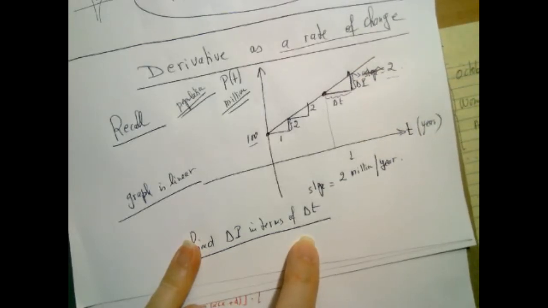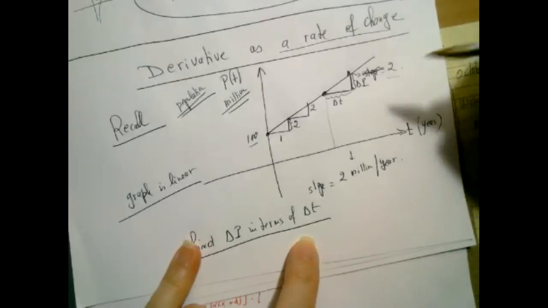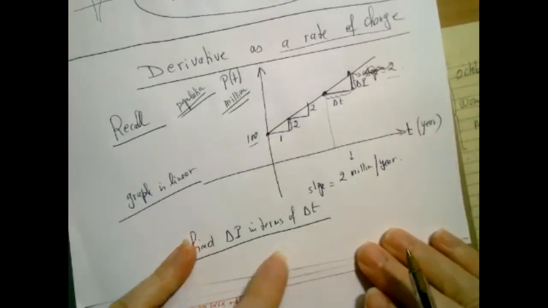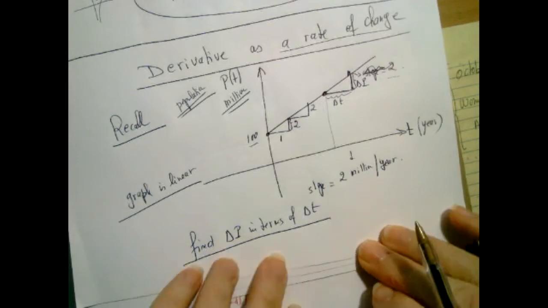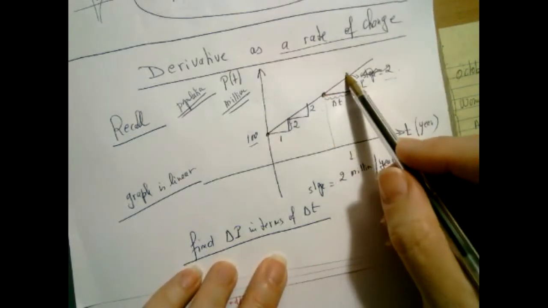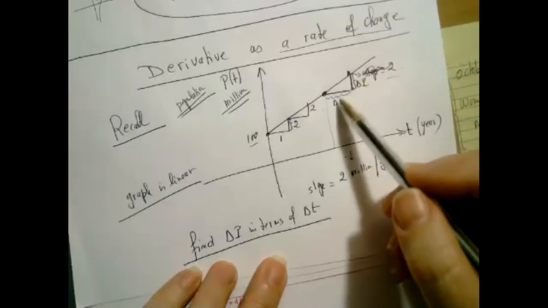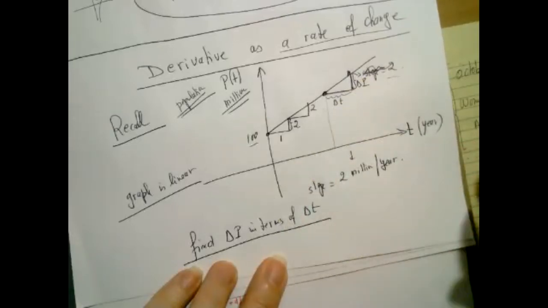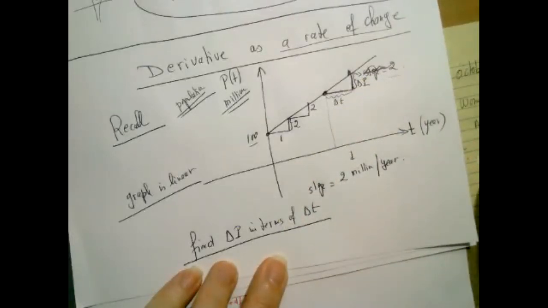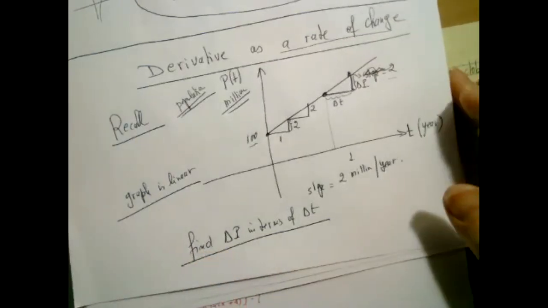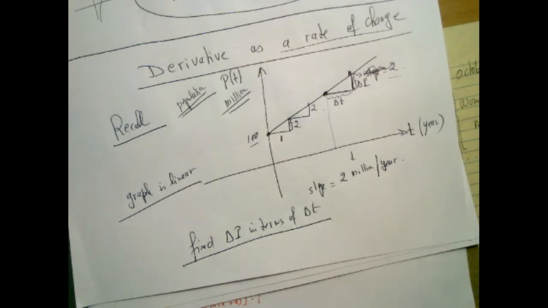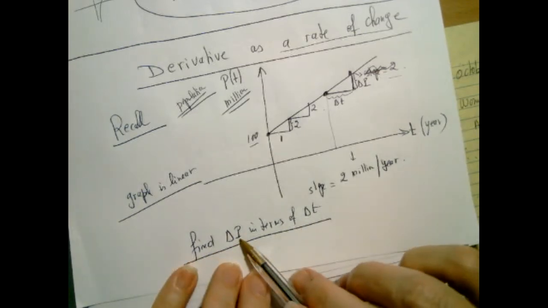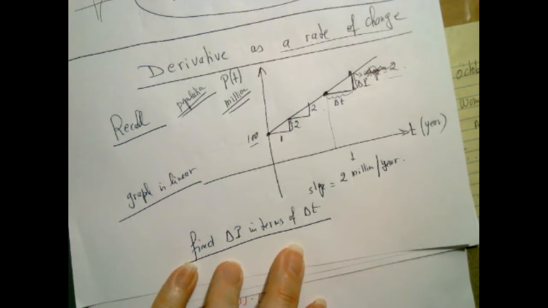Can anybody give me a relationship between the change in population and the change in time? Because usually that's what the derivative tells me, this relationship between the change in the output and the change in the input. Anybody would like to give it a try?